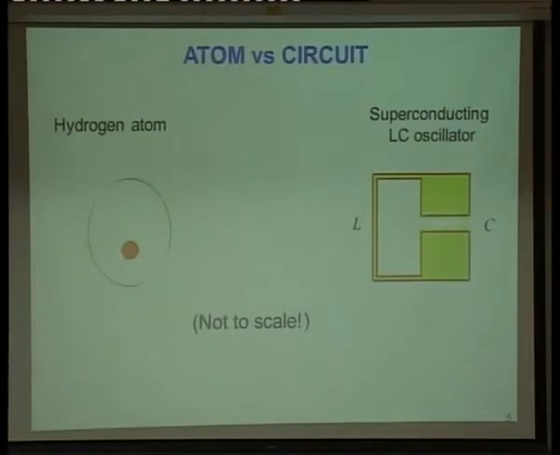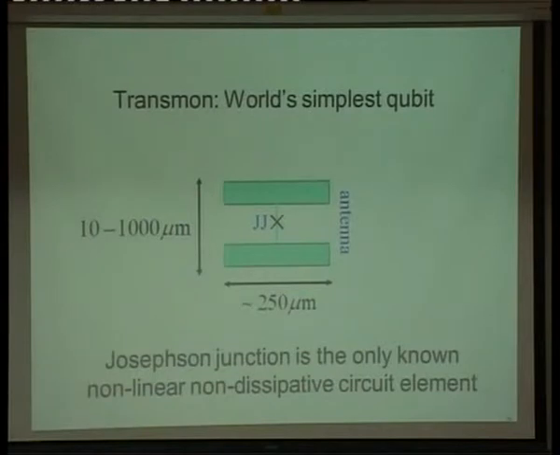And you can imagine making an electrical circuit, which is an LC resonator, and it's just pairs of electrons sloshing back and forth, charging and discharging the capacitor, storing energy in the electric field here and in the magnetic field of some inductance. But of course, this is just a harmonic oscillator. It's fine for making photons inside electric circuits, but it needs to be anharmonic in order to be an atom, an artificial atom.